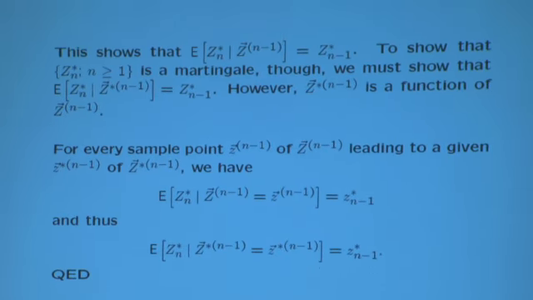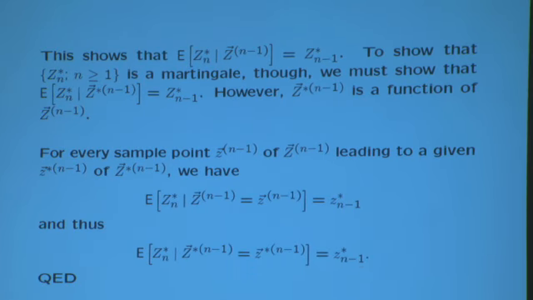So now what I can do is, for every sample point of the original process leading to a given sequence of the stopped process, the expected value of Zn star given these values is equal to Z star n minus 1. And thus, since that's true for all of the values for which this leads to that, this is true also.